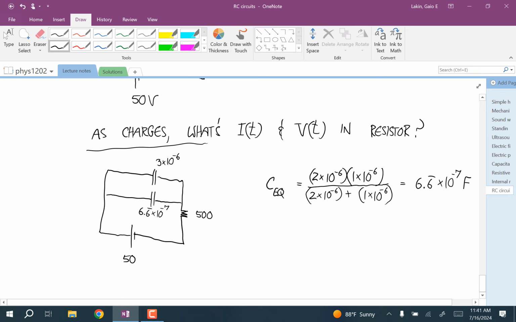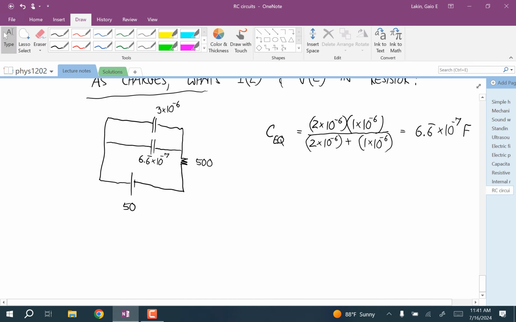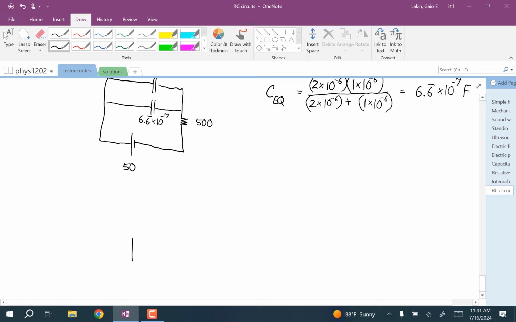And now we have these two that are in parallel with each other. They share nodes on each side. And so now we can simplify one more time, and we get a circuit that looks like this. All we need is the equivalent capacitance of these two that are in parallel.